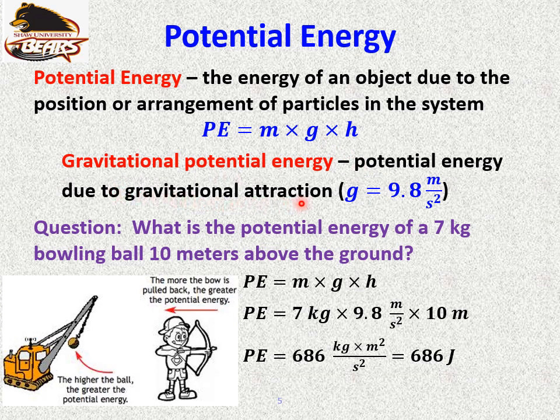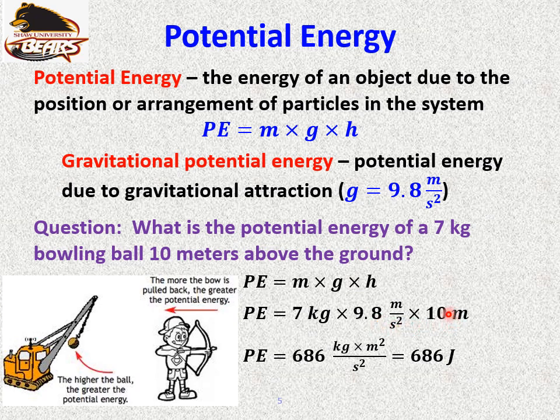Okay? And now we have this simple question. What is the potential energy of a 7 kilogram bowling ball 10 meters above the ground? You have potential energy just because you have a distance from the ground. So it's easy: mgh, that's your potential energy. mg is the gravitational force, 7 kilograms times 9.8, that's the weight, times the distance.